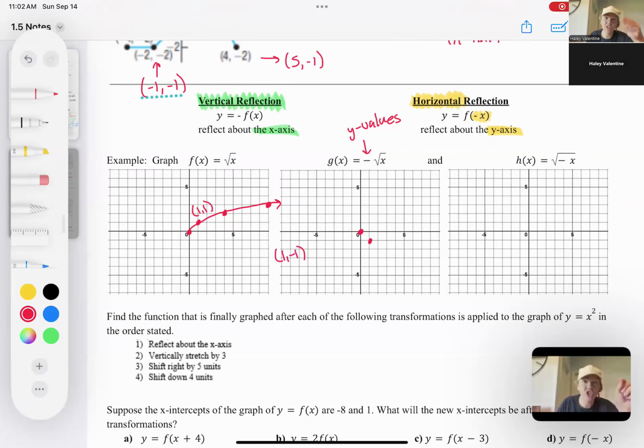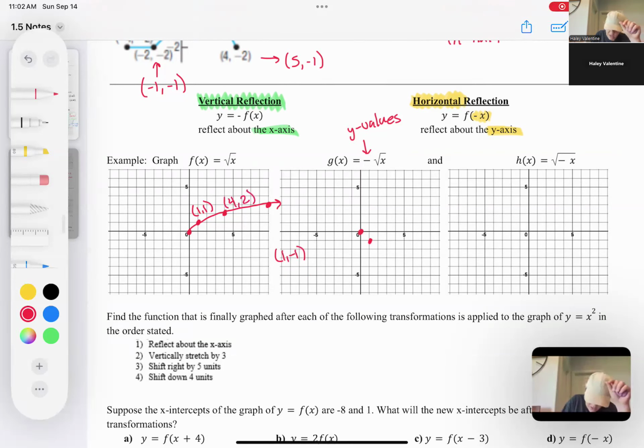0, 0 doesn't change because when you multiply zeros by anything, it doesn't change. This new point, instead of being 2, 4, the x value doesn't change. This is a vertical change. So the y value will become 2, -4. Sorry, I got my original point mixed up here. It's not 2, 4, it's 4, 2.